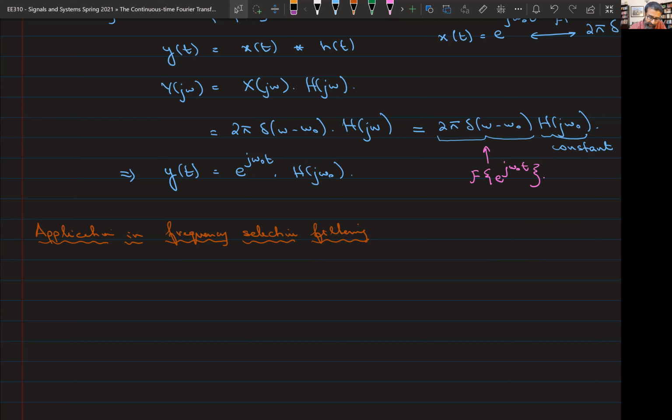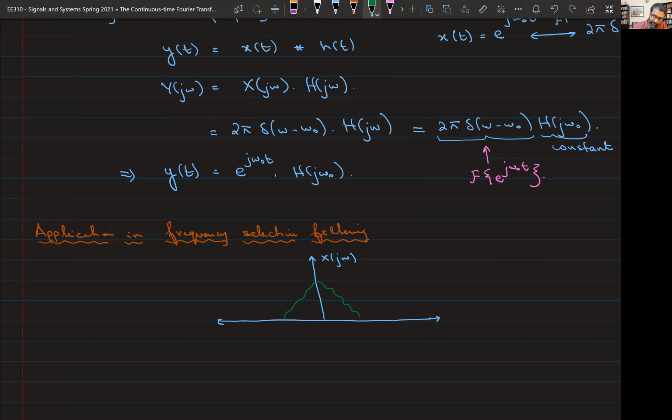So if I try to visualize this, so let's say there's some x of j omega. So this is x of j omega, right? And the Fourier transform for this x of j omega looks something like this. An arbitrary shape, right?